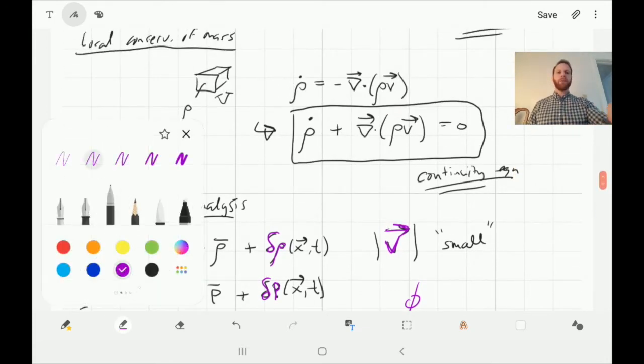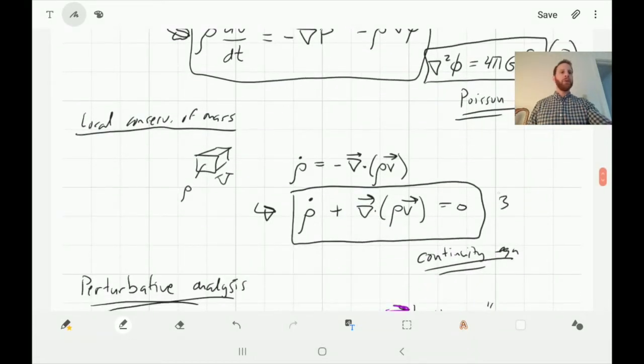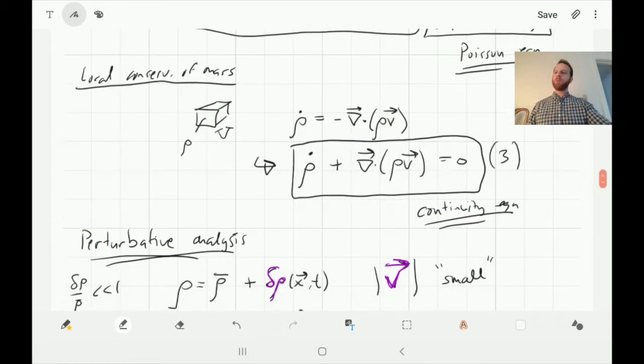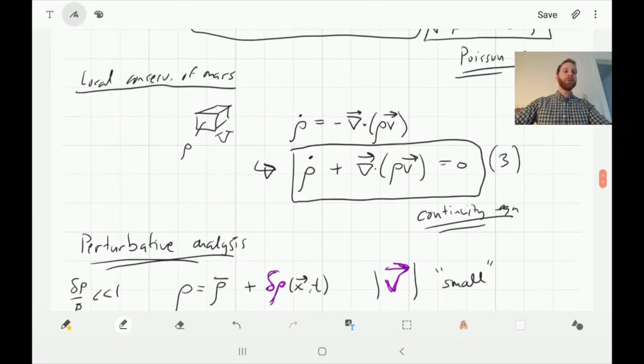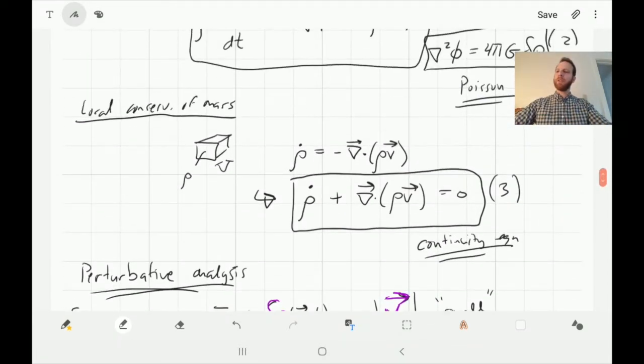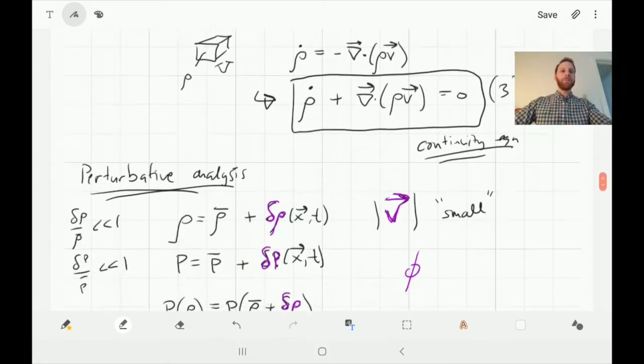Have I numbered these equations? We've got a 1 and a 2, and the continuity equation is 3. And so we're ready to make some progress. Let's take a time derivative of the second equation. No, I think I mean taking a time derivative of the third equation, and then we're going to use the first equation in there.